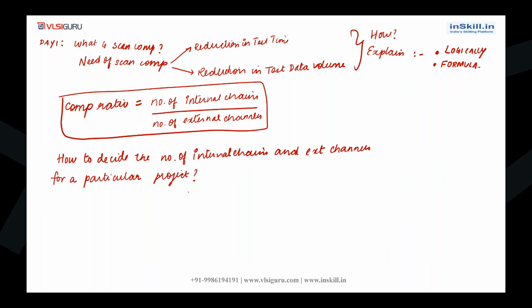We'll try to understand that as well. How to decide the number of internal chains and external channels for a particular project. So this is what we will understand during the first class of our scan compression topic.